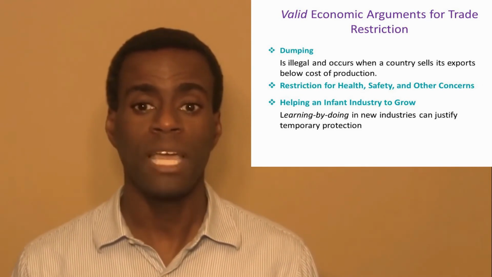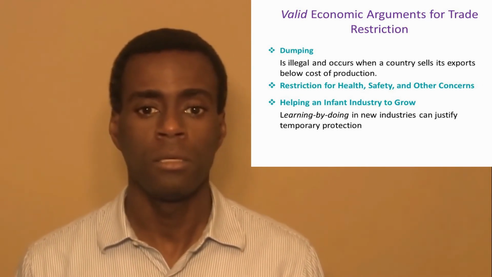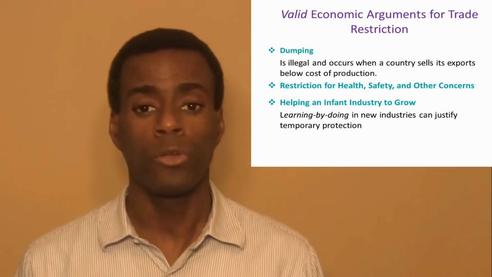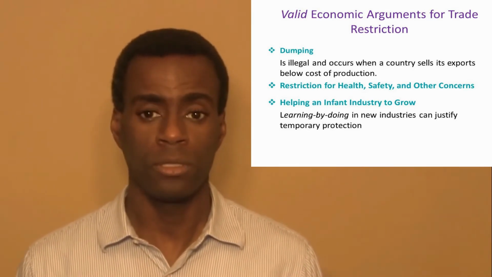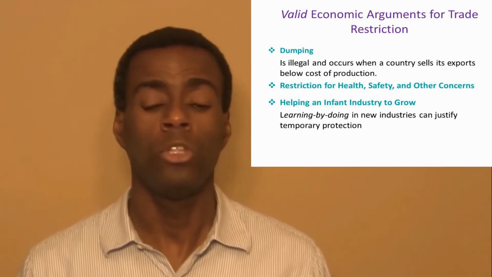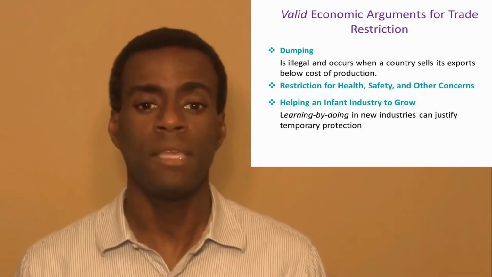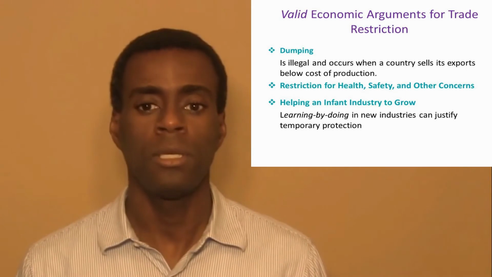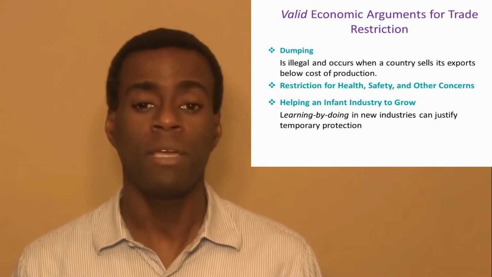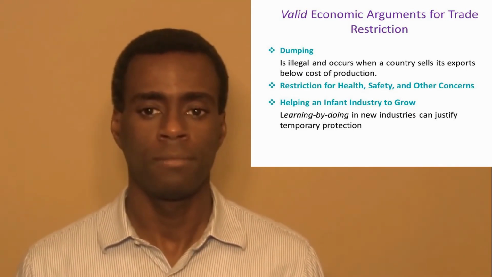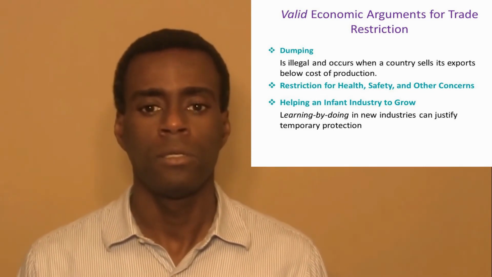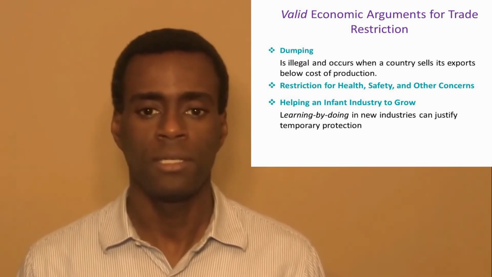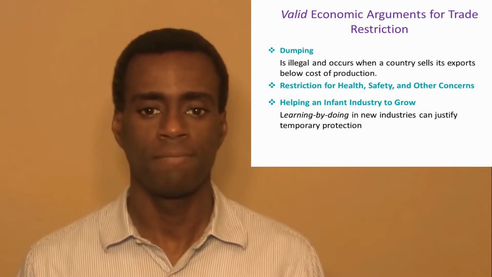Also, we sometimes have health, safety, or other concerns with goods that are imported. They might not have the same high standard that we have and might be dangerous. And so it would be valid to restrict trade in such occurrences.